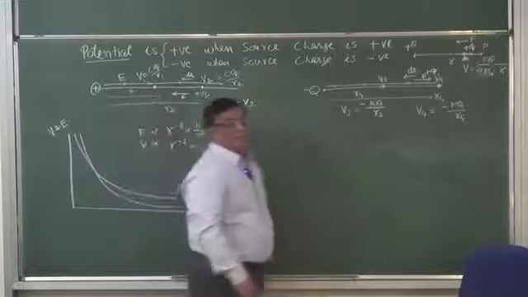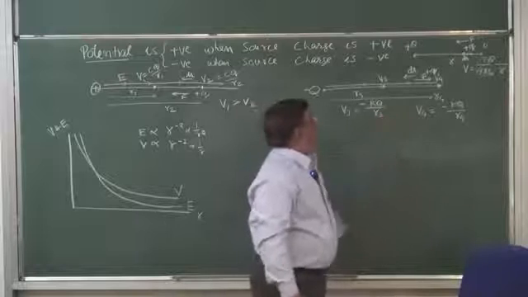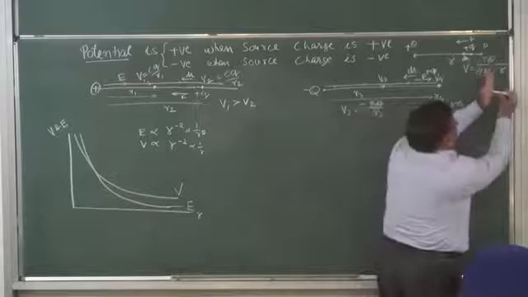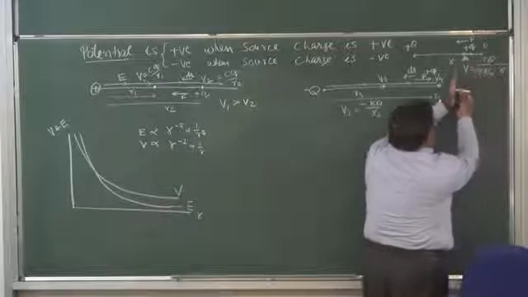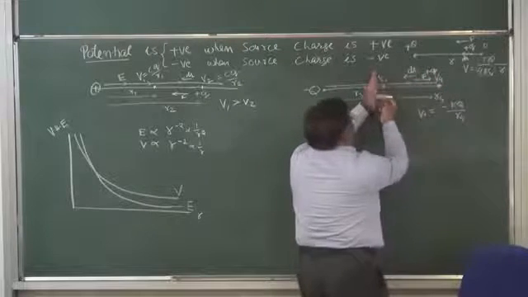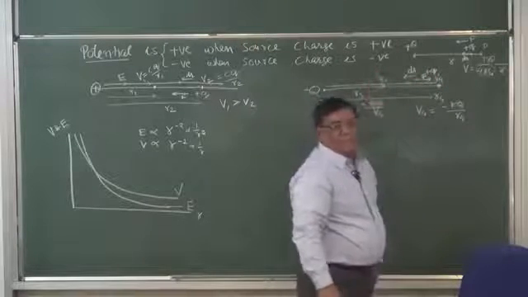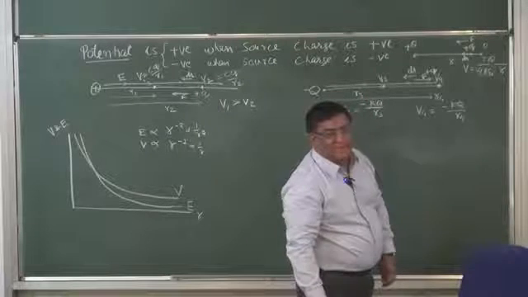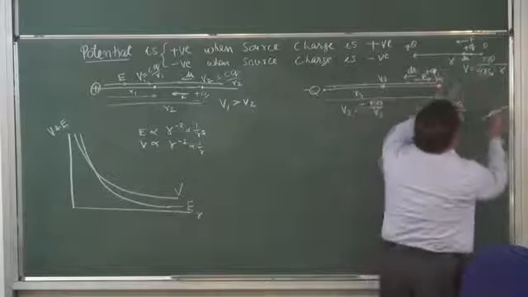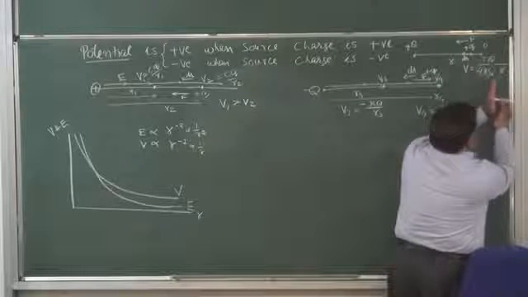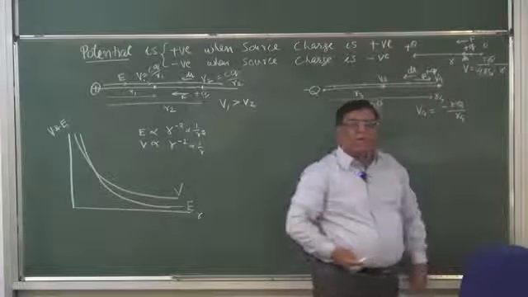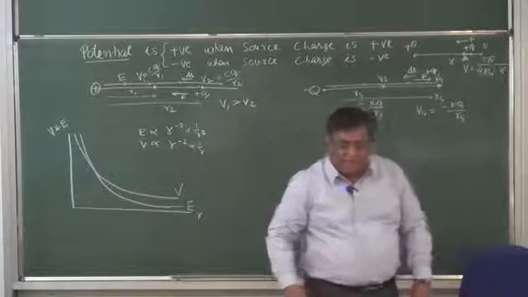Come here. I am applying a force like this, and there is a charge being attracted this way. The work done is 100 this way, and the work done is 150 here. What is the sign of the work done? I am applying force in this direction because the charge is getting attracted. The force is in this direction, but the displacement is in this direction. So the sign of work done is negative.